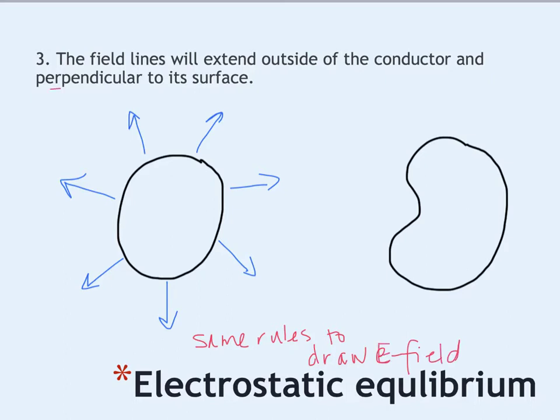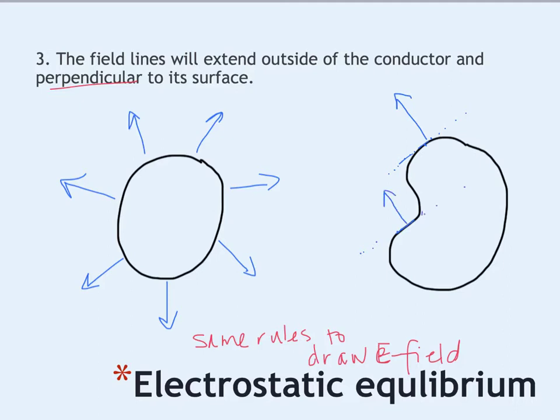Because they're always perpendicular to its surface, I just want to point out what that would look like on a weird surface like this, okay? The way you find the direction is you draw a tangent line to wherever you see it. So it's tangent to this point here, so my E field will go in that direction. I can do the same thing in here: here's my tangent line, and I'm going to get an E field in that direction.